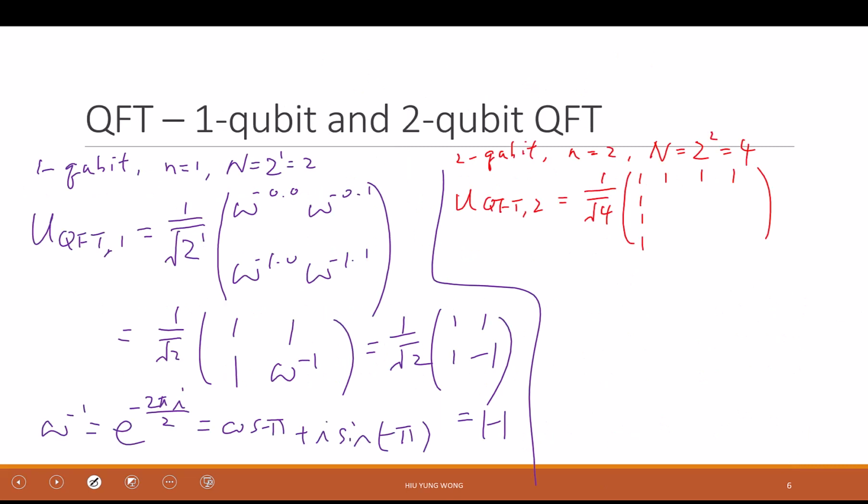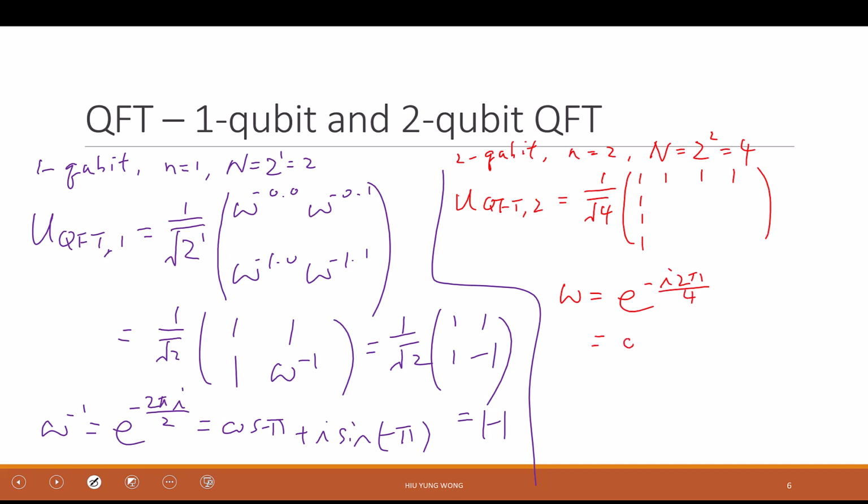So my goal is that I need to find out what is the omega in this case. Omega equal to what in this case? Negative i 2 pi over 4, right?